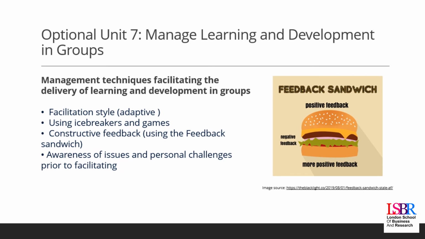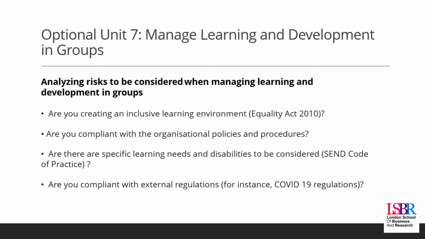So again, this module, we take it one step further when it comes to the key legislations, and we even explore the legislation that has been put together so that it protects people with disabilities, such as the SEND Code of Practice, and then how we could ensure that we are compliant with both external regulations and internal regulations.